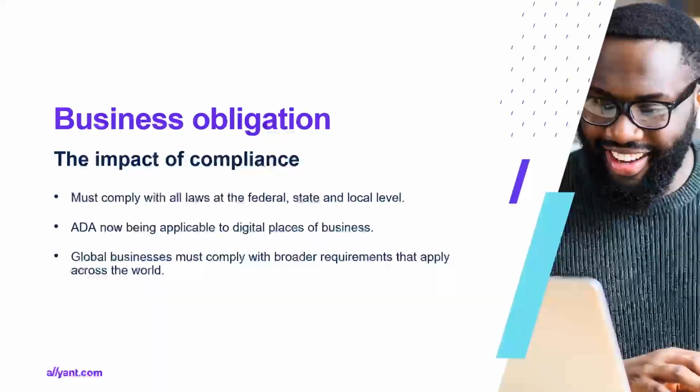So there's a couple of things. There's legal and there's obligation on the business side. We'll talk about the obligations first. There are laws in state, federal, local, provinces, if you're up with our Canadian friends up north, and various laws around the world around accessibility.